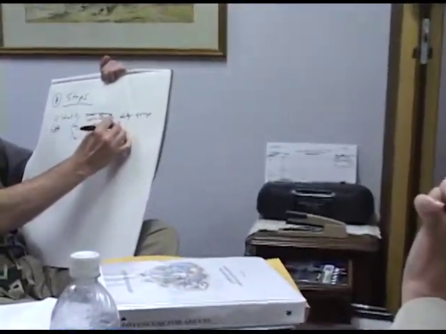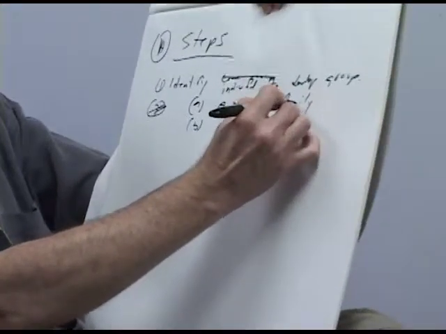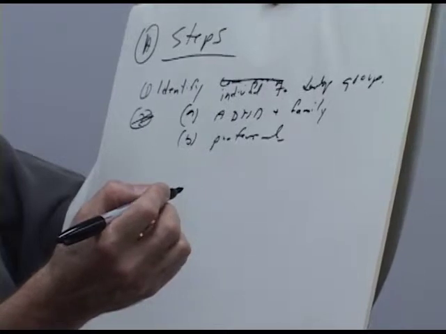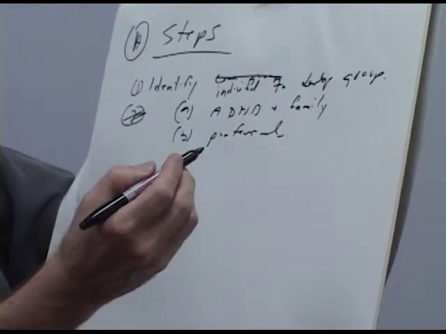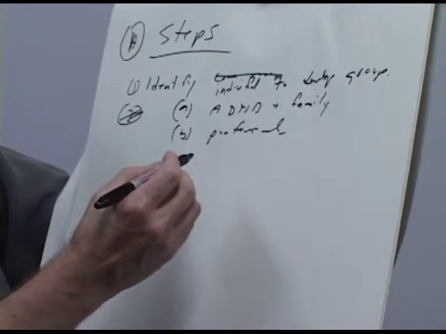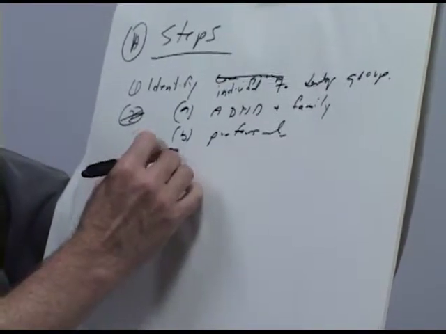Okay, so identify individuals to develop a group, and those individuals are ADHD, obviously. So ADHD and family or significant others, because otherwise people may get the impression a group is comprised only of people with ADHD. And you also have to really match the skills with the job position.